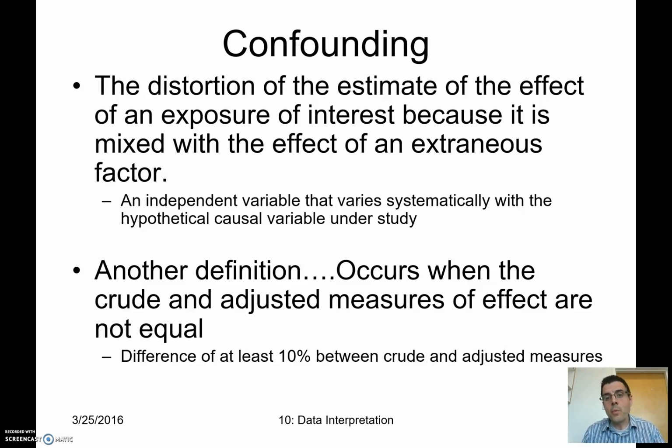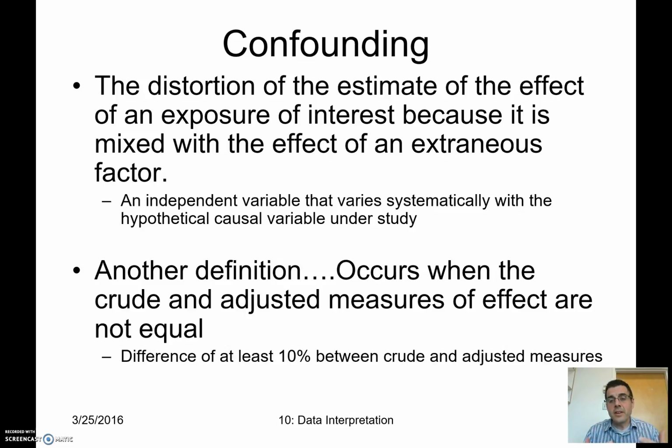But one way to look at confounding is, for example, if you're looking at lung cancer and you're studying smoking, it's important to look at other risk factors that may be associated with lung cancer, because your outcome or your analysis may be distorted if you aren't taking into account some of these other exposures that can contribute to the particular outcome.